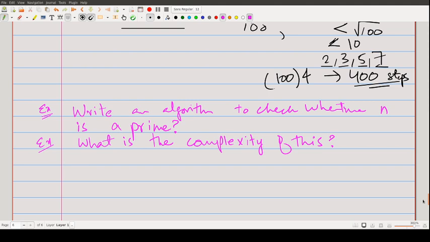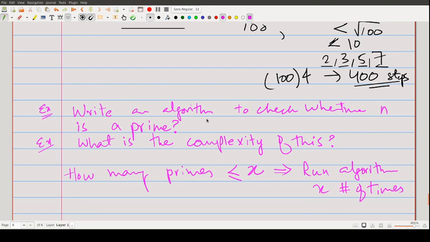now to check, for example, how many primes are less than or equal to x, you will have to run this algorithm, whatever algorithm you've written, x number of times.